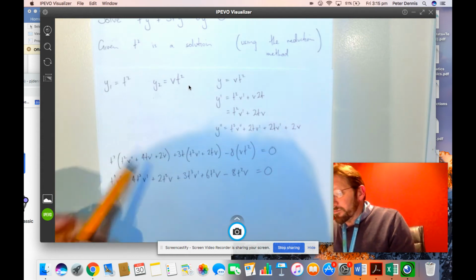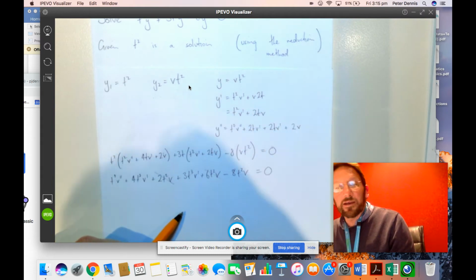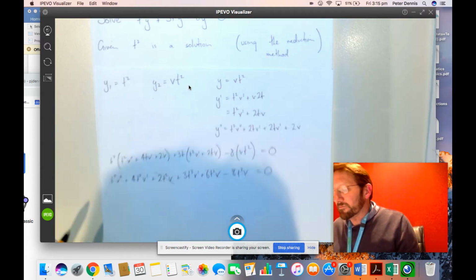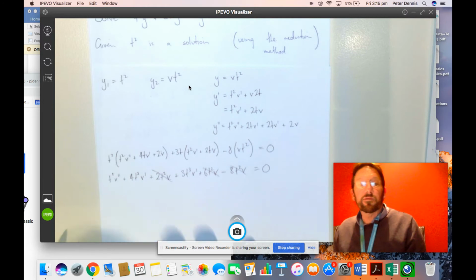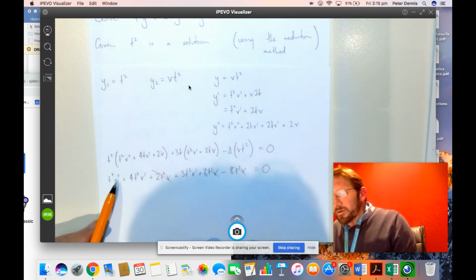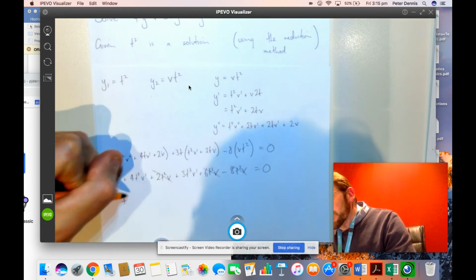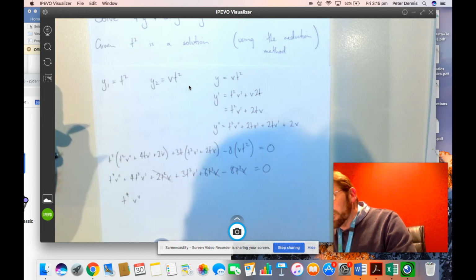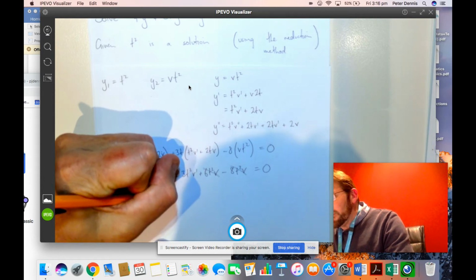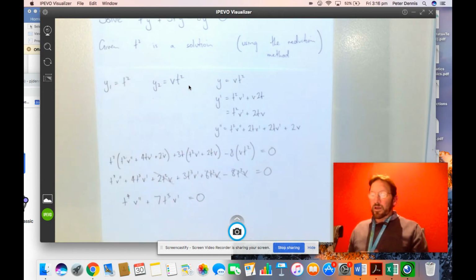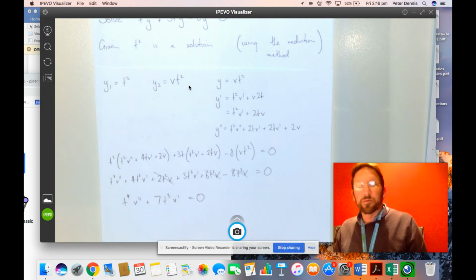As I said before, this is 2t squared v plus 6t squared v, which is 8t squared v, minus 8t squared v, which is 0. That's why it's called the reduction of order. We've gotten rid of all the v's. So now we've got a simpler equation: t to the power of 4 v double dash plus 7t cubed v dash equals 0. And suddenly it's a little bit nicer.